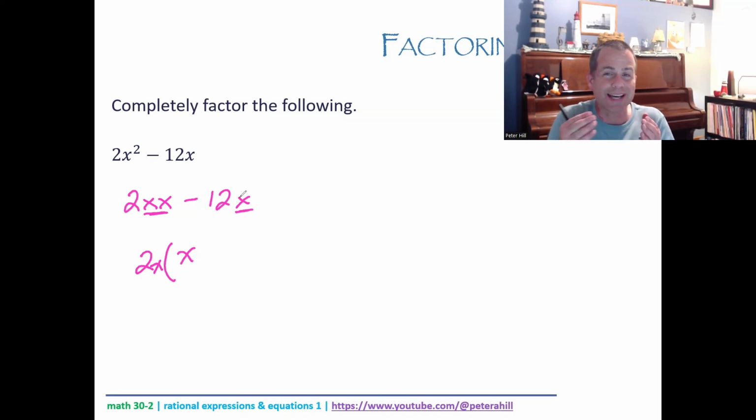It is subtract 12x, but when we're thinking about it, we think of it as a negative 12, so a negative 12 divided by a positive 2 is going to give me a negative 6. Now, x divided by x is 1, so I won't have an x on that term anymore. So that'll be 2x multiplied by x minus 6.